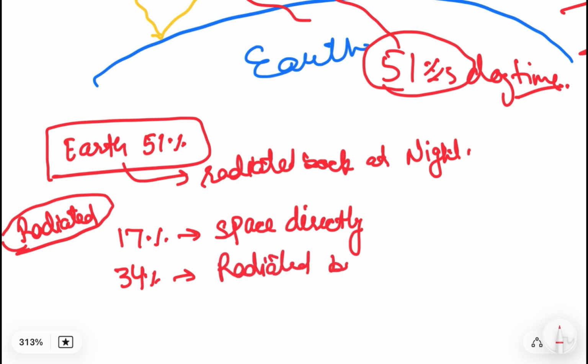It is radiated to the atmosphere. And when it is radiated to the atmosphere, it gets absorbed by the aerosols, water vapor, carbon dioxide, and the other greenhouse gases.